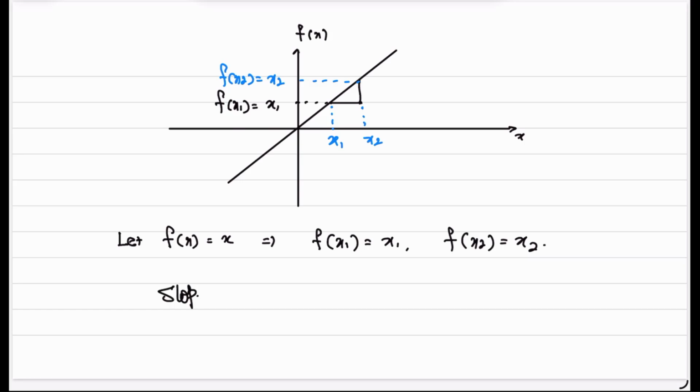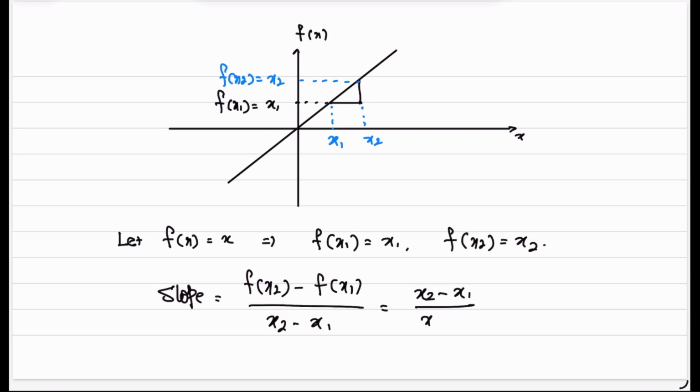Slope is equal to function x2 minus function x1 by x2 minus x1. Function x2 is x2, so x2 minus x1 divided by x2 minus x1. Both are the same, so it will be 1.